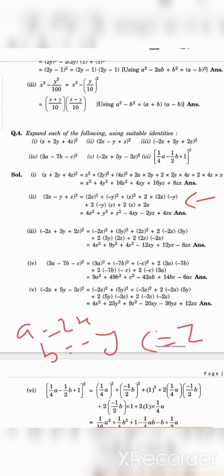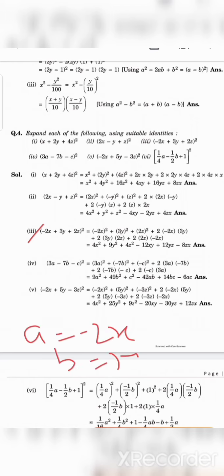Simplifying this step, the answer is 4x square plus y square plus z square minus 4xy minus 2yz plus 4zx, the expansion of our whole square of the polynomial.